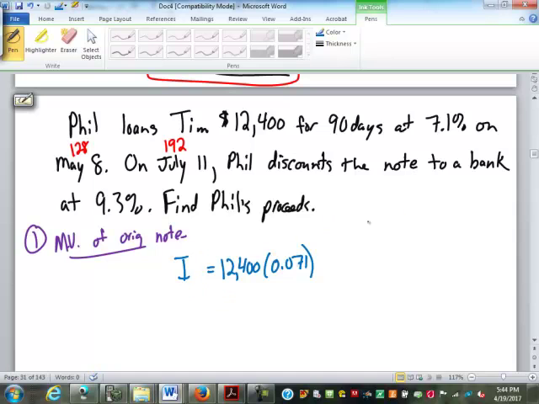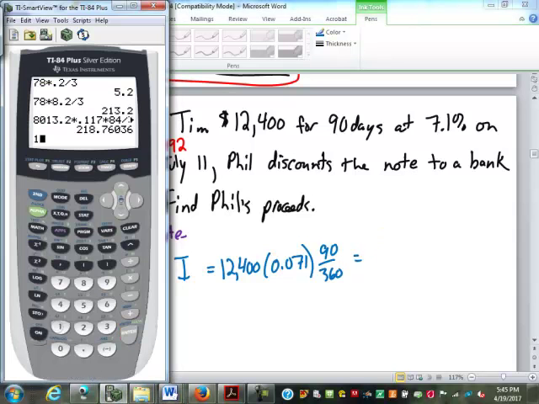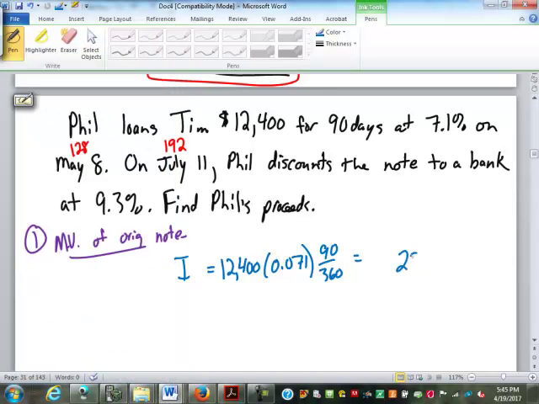So for that interest, we start at the 12,400 principal. Our percent of 7.1 is 0.071. It'll be 90 over 360.